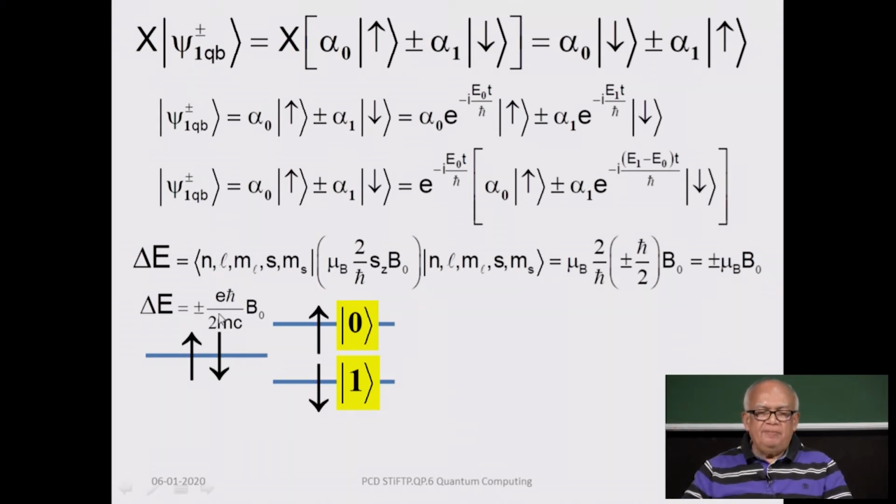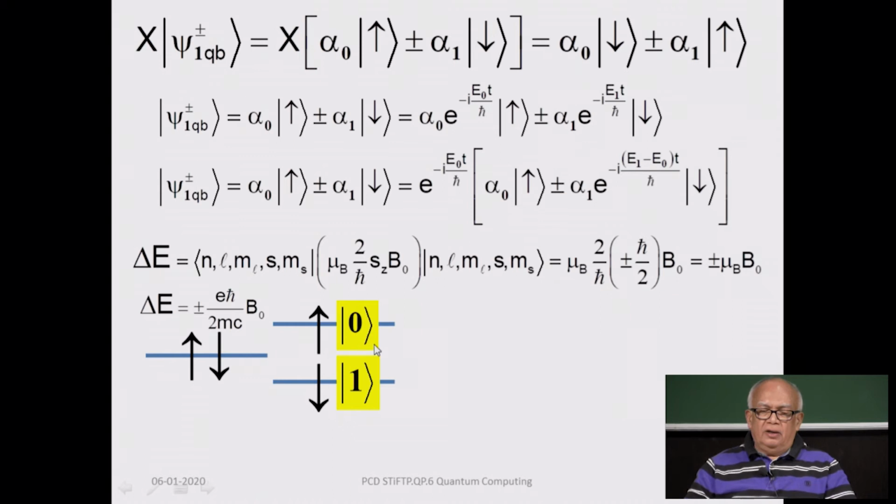So delta E, which is plus or minus the Bohr magneton times B0, and this common energy, which is degenerate state, this degeneracy is lifted and you have a spin up and a spin down, which corresponds to the state 0 and 1, and they now have different energies E0 and E1, which are the ones which are coming here.